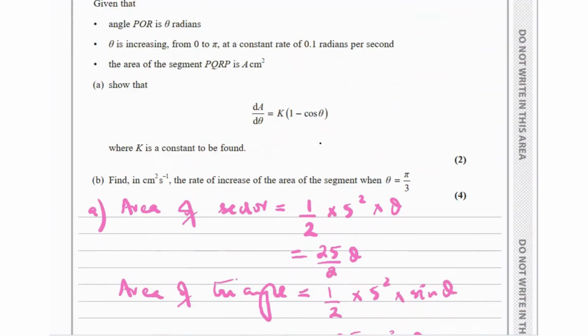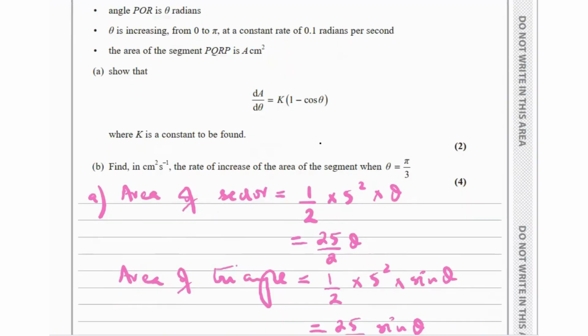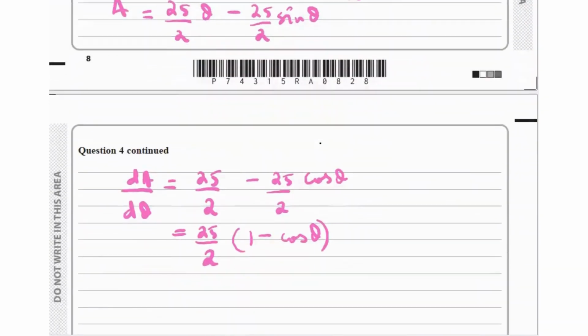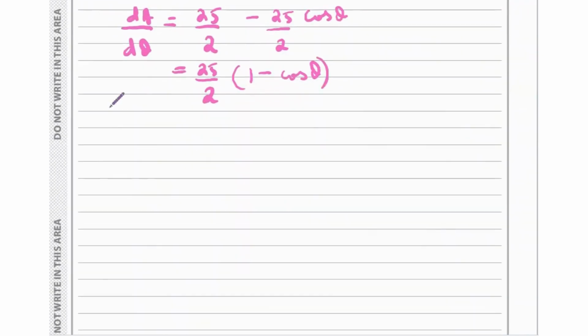Then find, in centimeter square per second, the rate of increase of the area of the segment when theta is pi by 3. So for this now, find the value of dA by d theta first when theta is pi by 3.